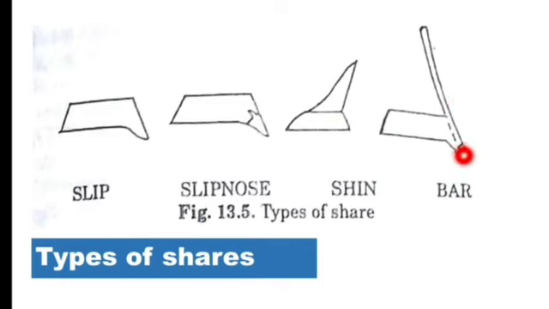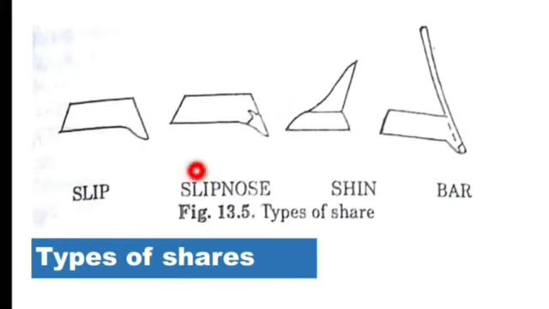In the bar shear, when the tip gets worn or damaged, the extension will come forward and it will get replaced again. Same in the sheen and in the slip. In the slip nose, if the nose gets damaged, it will get replaced easily.